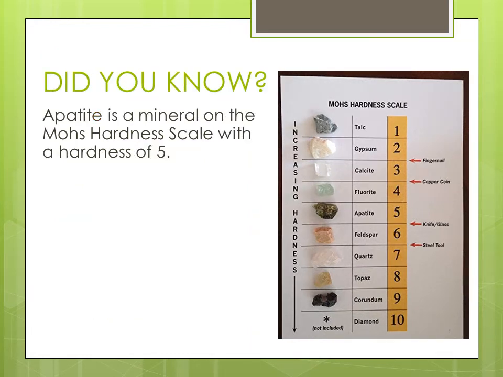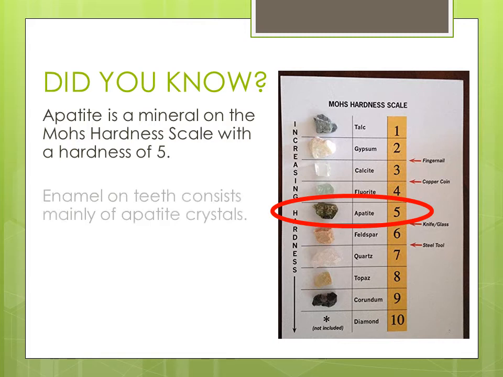Now, a little did you know. Apatite is a mineral on the Mohs hardness scale with a hardness of 5. Do you see it? Yeah, there it is. Now, why do I pull out apatite?